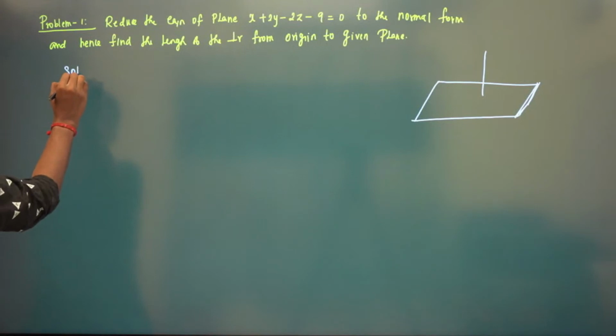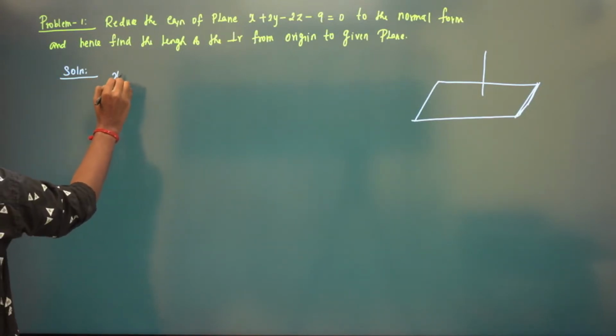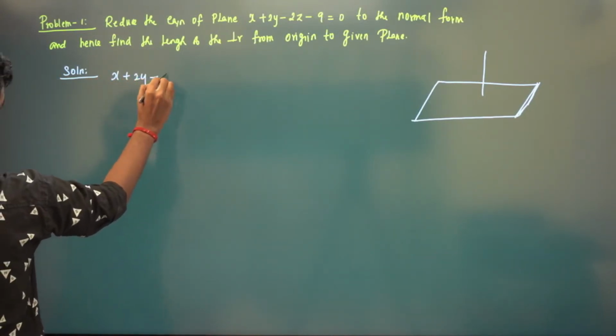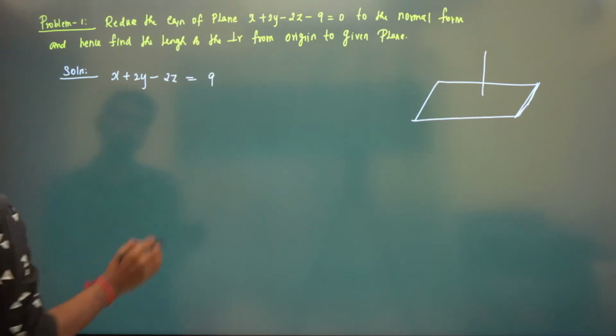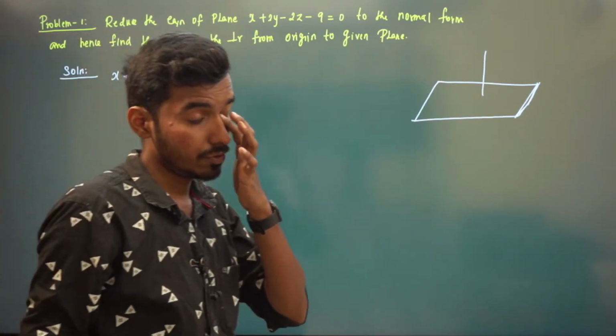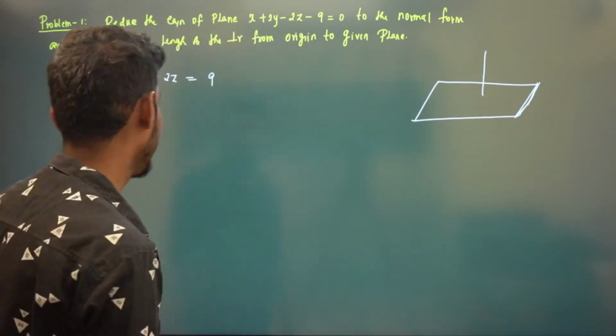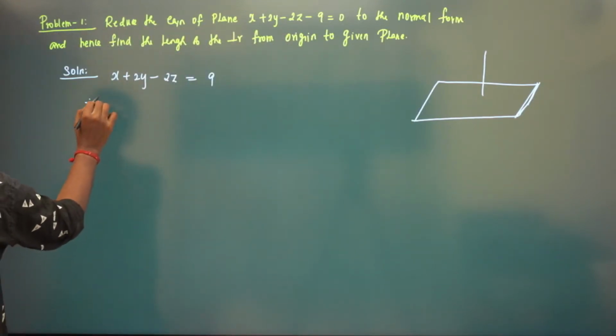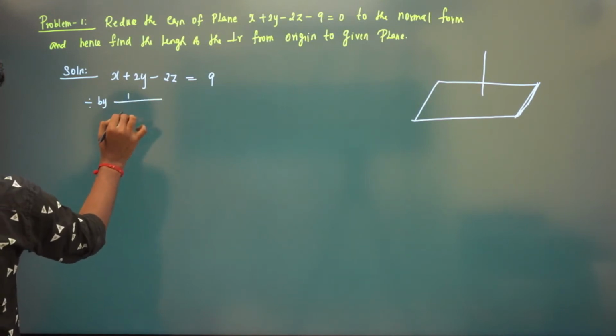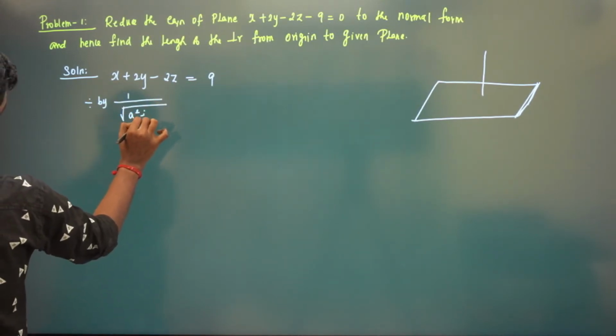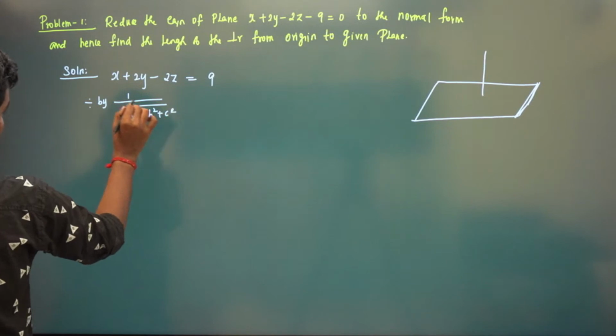So solution. We have x plus 2y minus 2z is equal to 9. So this d is positive, so you divide by plus 1 by root of a square plus b square plus c square. What is a, b, c here?